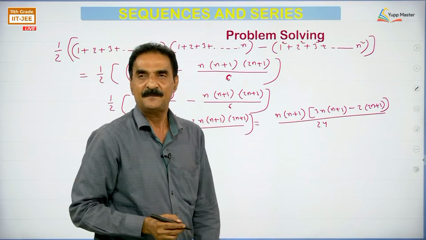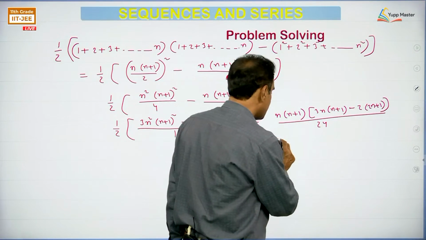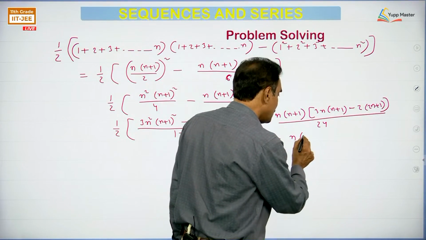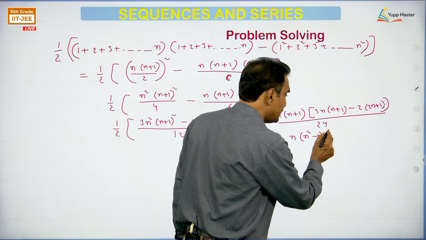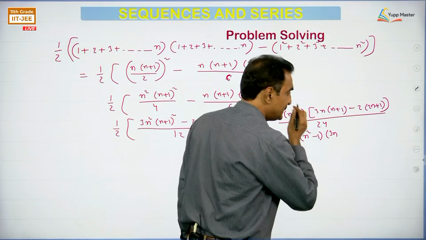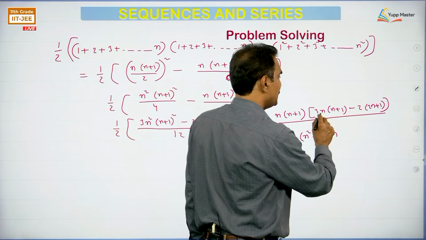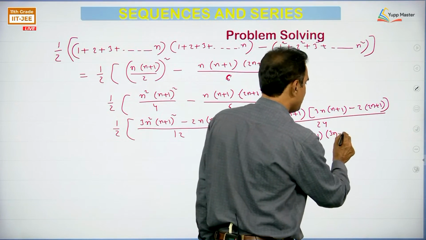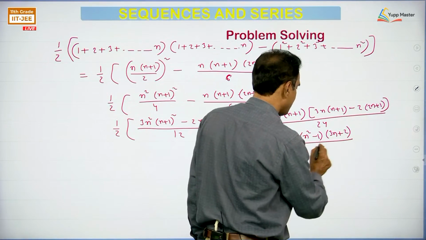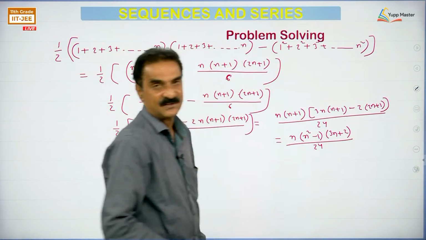And finally, after simplification, you will get n into n square minus 1 into 3n plus 2 by 24. So this is our answer.